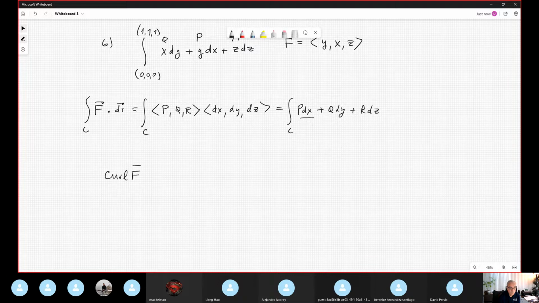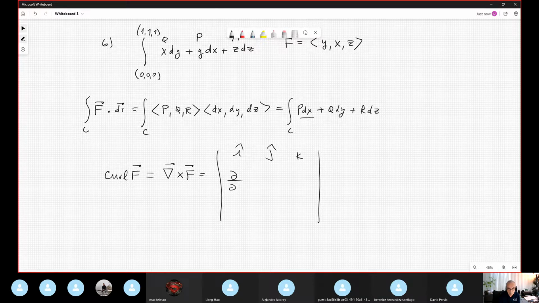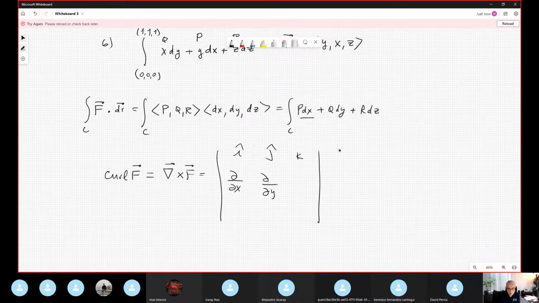The curl of the vector field, and this notation is nabla cross product F. Remember, the nabla operator is i, j, k, the symbolic operator, partial derivative with respect to x, partial derivative with respect to y, partial derivative with respect to z.